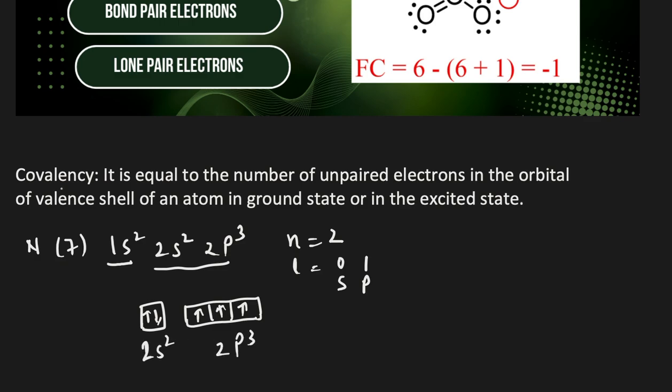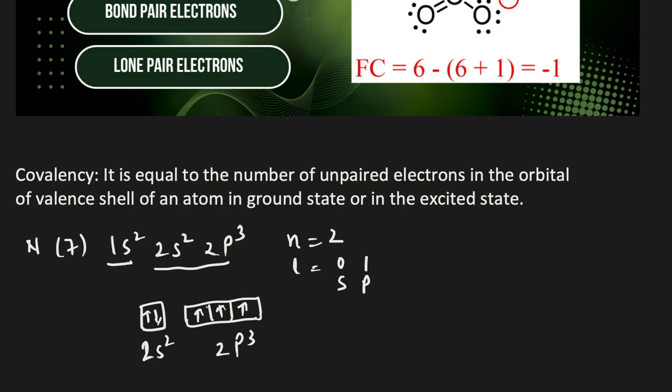So according to this definition, it is equal to the number of unpaired electrons in the orbitals of the valence shell. So this is the valence shell. How many unpaired electrons are there? 1, 2, 3. Okay, this is only possible in the ground state. Here the excitation is not possible. Why? Because we don't have the orbital, like we don't have 3d for the excitation of these electrons in the s orbital, right?